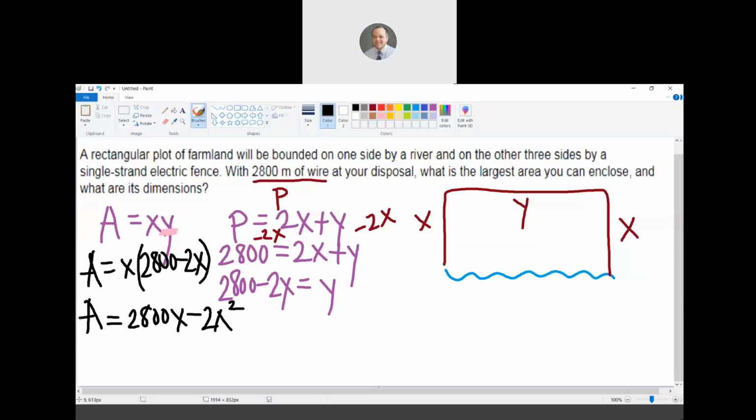Now we are ready to take the first derivative. So the first derivative of negative 2x squared, I'm just rearranging the terms so they'll be in decreasing order, is negative 4x.